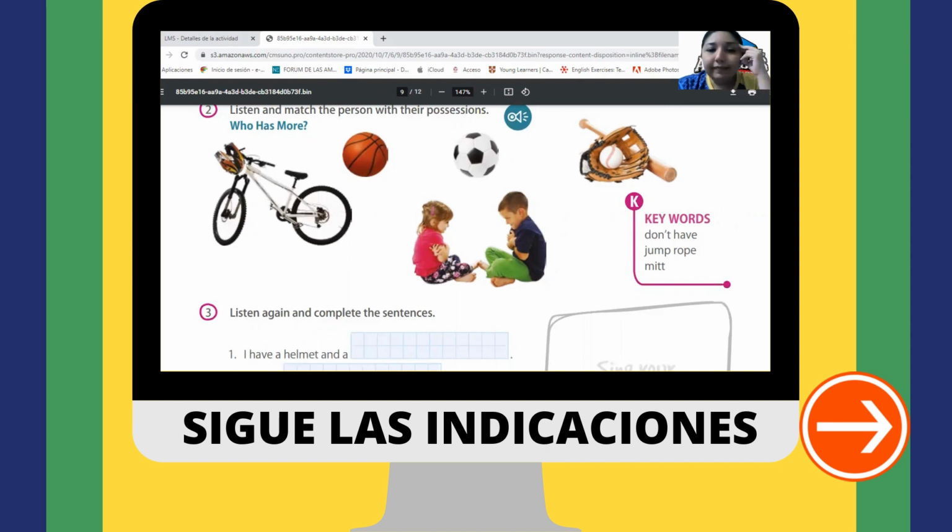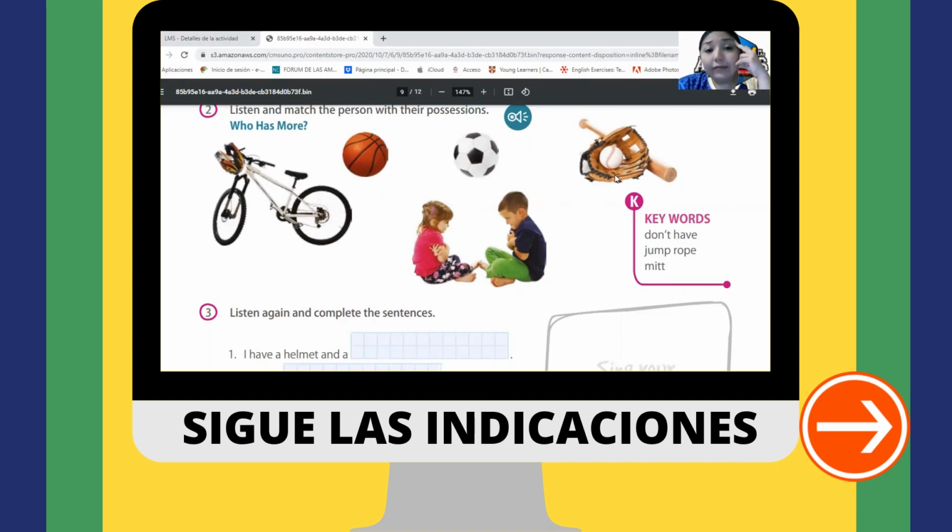Well, I have a soccer ball. And I have a baseball, a bat, and a mitt. Wow, they're great.